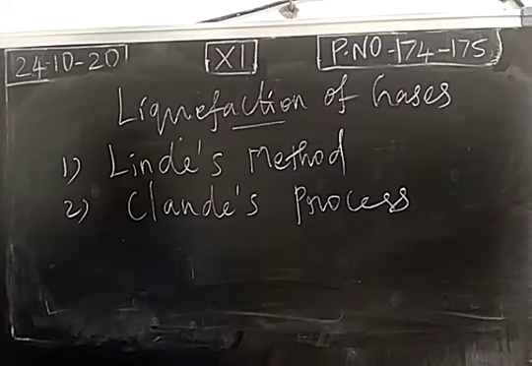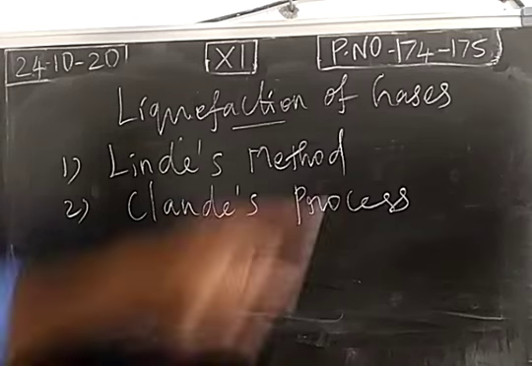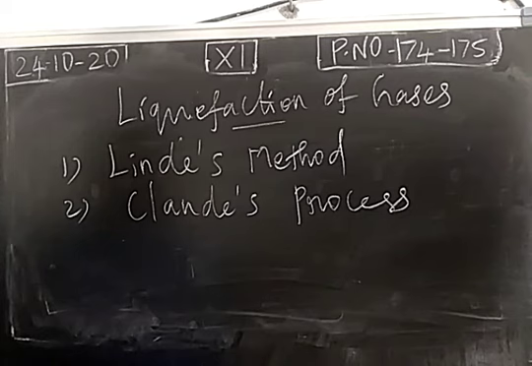So when the gas is allowed to do mechanical work, the gaseous molecule will be converted into liquid molecule. So the gas is utilized to make mechanical work, along with the Joule-Thomson effect. Because of these two processes, the gaseous molecule will be liquefied.